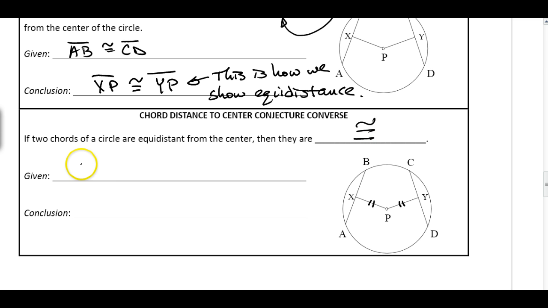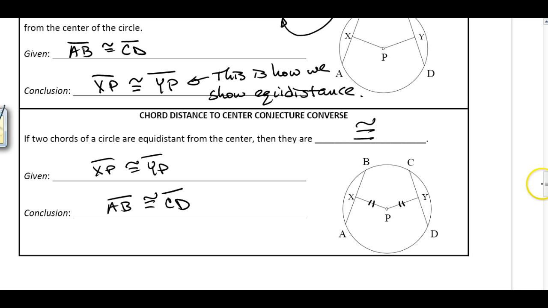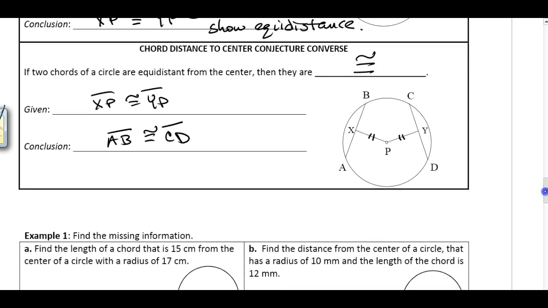So in this case, we would be given XP congruent to YP, because again we're talking about the converse now, so now we're starting out with the distances congruent. Then we've got AB congruent to CD.